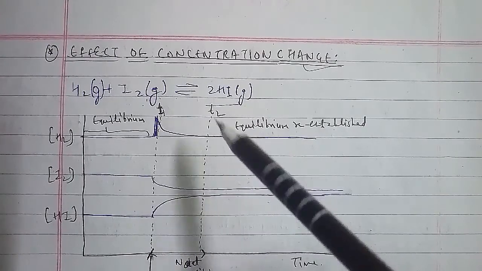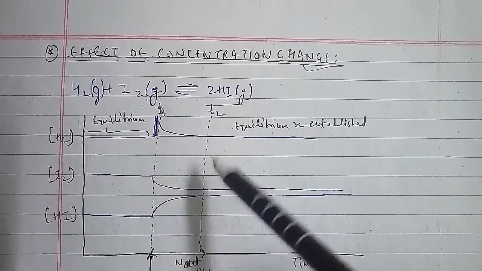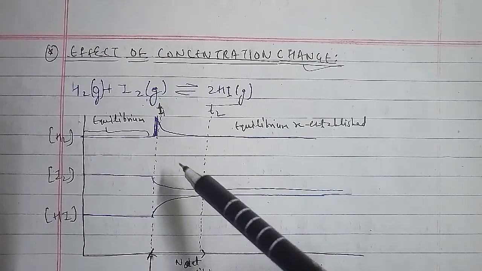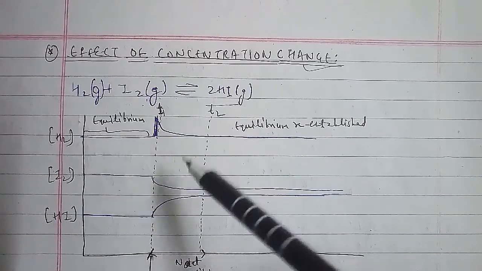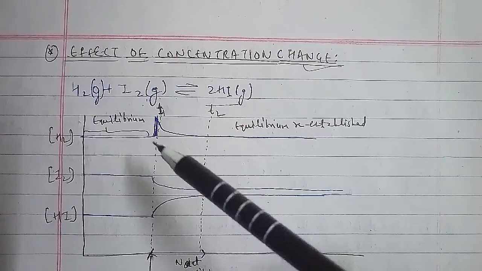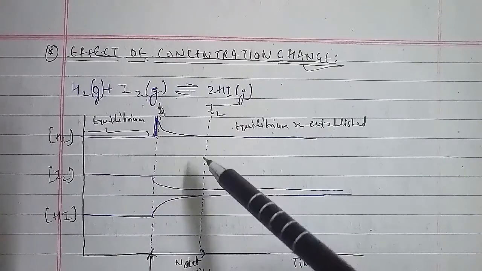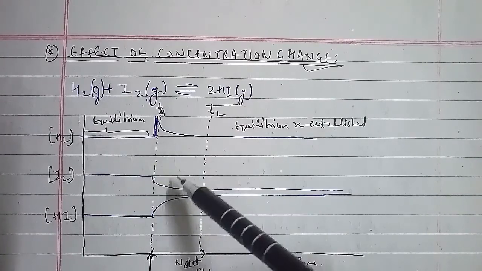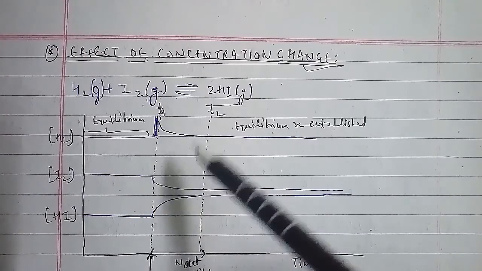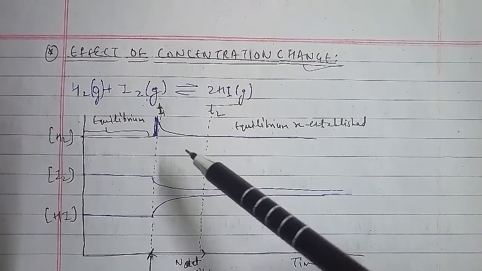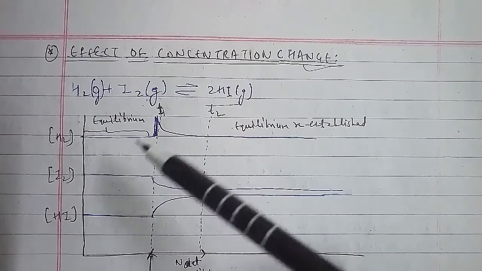With regard to that, we will discuss a graph that represents the effect of the addition of H2 on the concentration of the reactants and product in the reaction H2(g) + I2(g) gives 2HI(g).